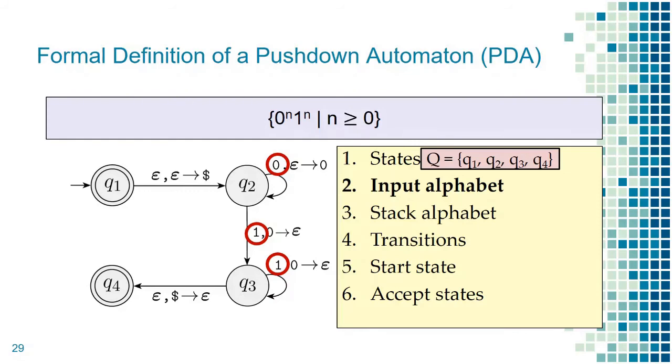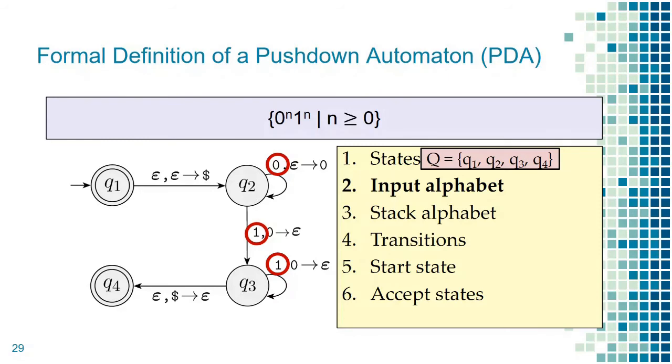Does anyone have any suggestions of what our stack alphabet might be? You're saying 0, 1. 0 and $, good. So just because we have something as an input, that doesn't necessarily mean it'll be saved to memory. So our stack alphabet is everything that can be saved, which is $, and a 0, okay?